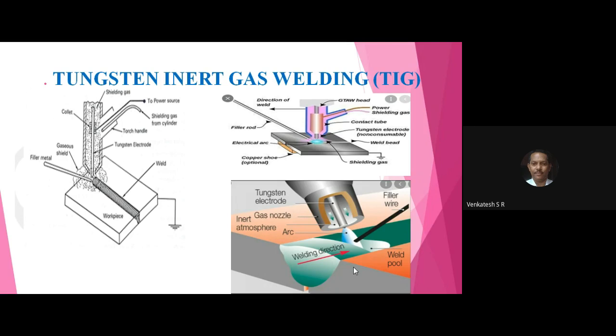So it should be corrosion resistant, oxidation resistant, and mainly a very strong joint is required. In those components, they use tungsten inert gas welding. You get a very good, strong joint. That is the advantage of using tungsten inert gas welding.